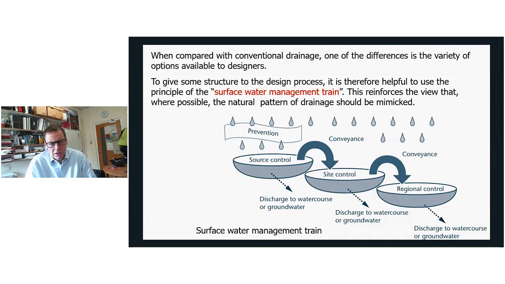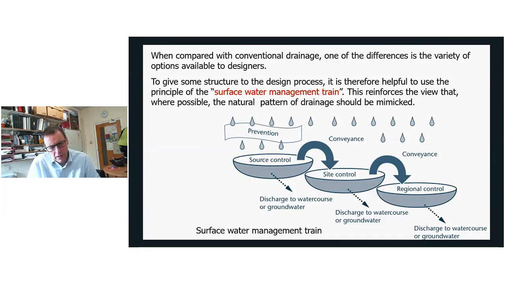So it tends to be that we install SUDS schemes in what's called treatment trains, and the idea here being that the more SUDS devices the flow goes through, the more it's treated. So there's really three elements to this.